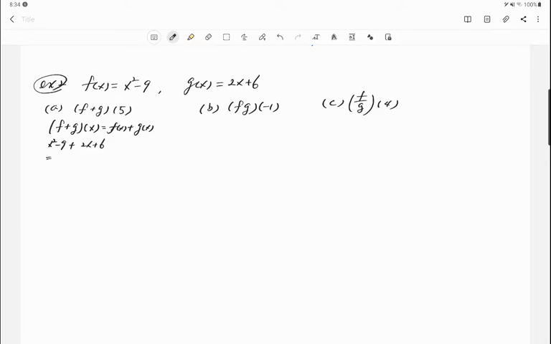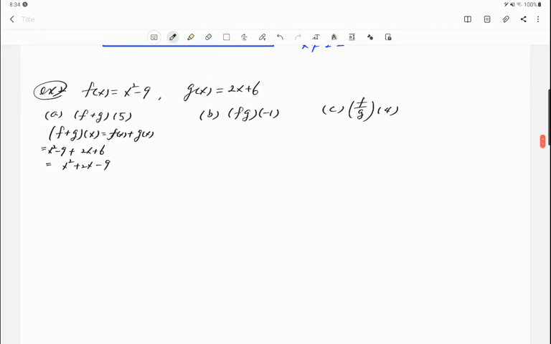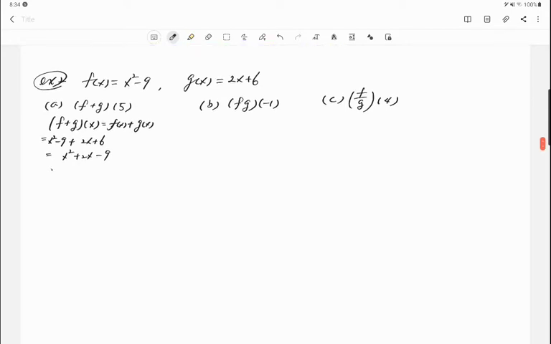So that equals x squared plus 2x minus 3, right? So from this one, let's find f plus g of 5. We're going to replace x with 5.